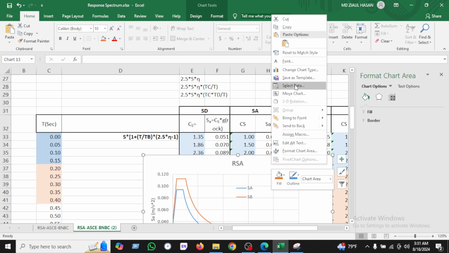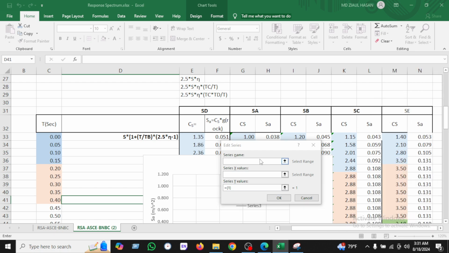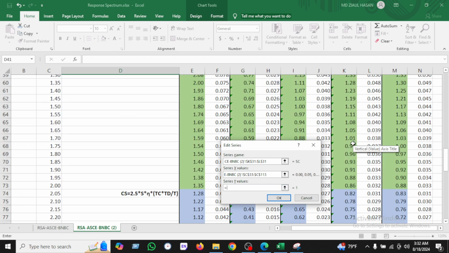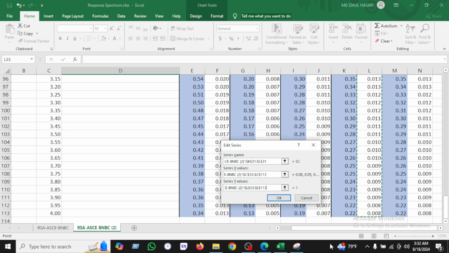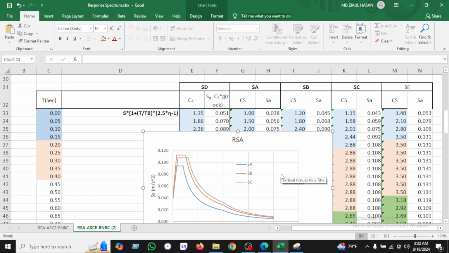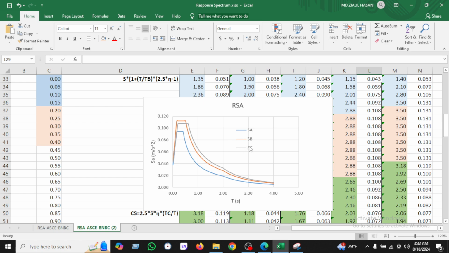In the same way we will input SC, the x value is time period, and the y value is spectral acceleration. Okay, this is SC.